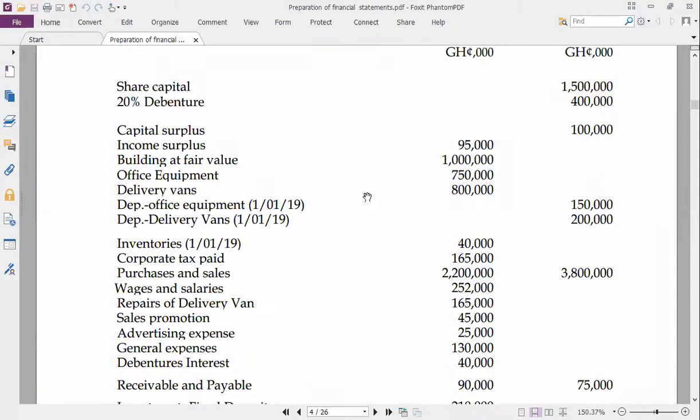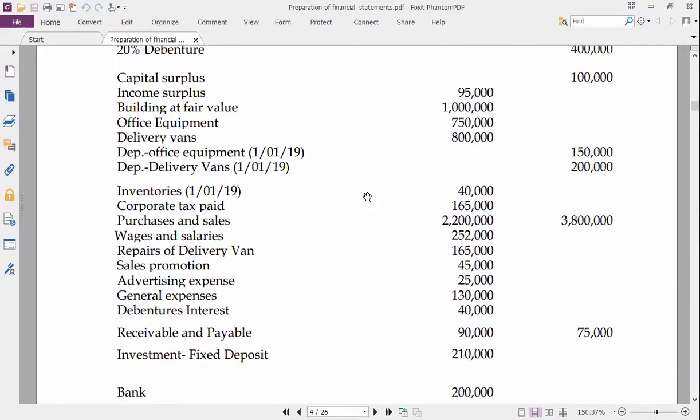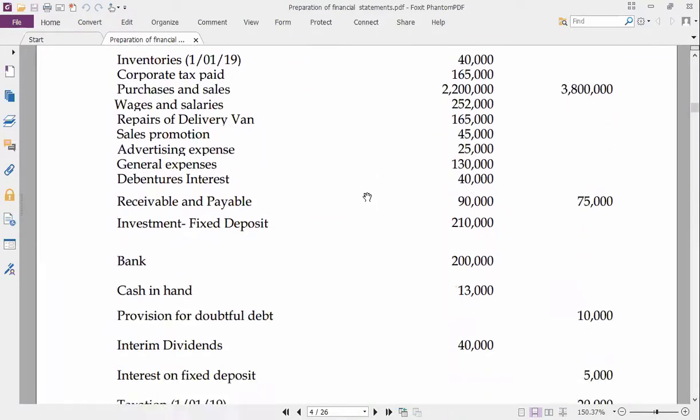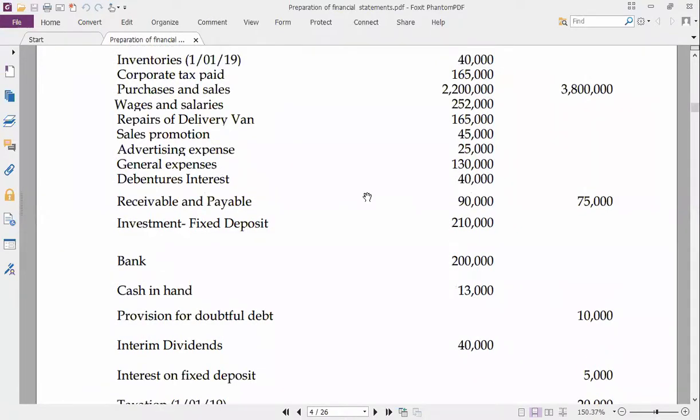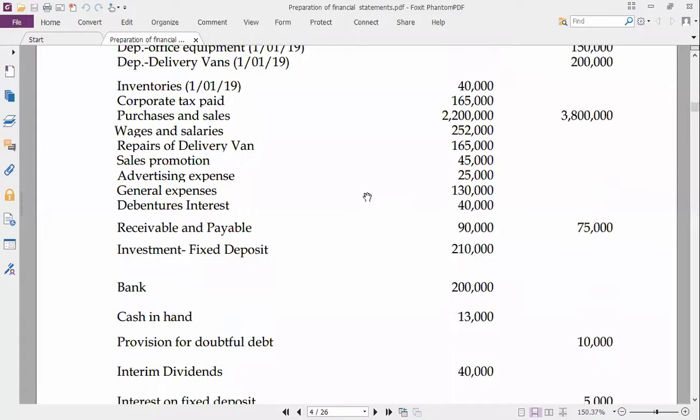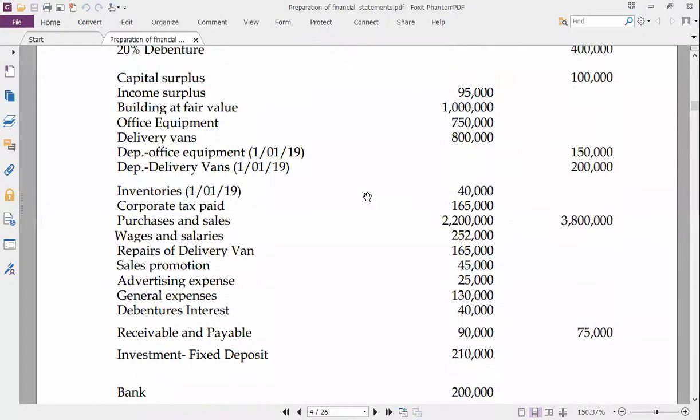So tax paid, you have to look at it. Good. So corporate tax paid is here, 165,000.